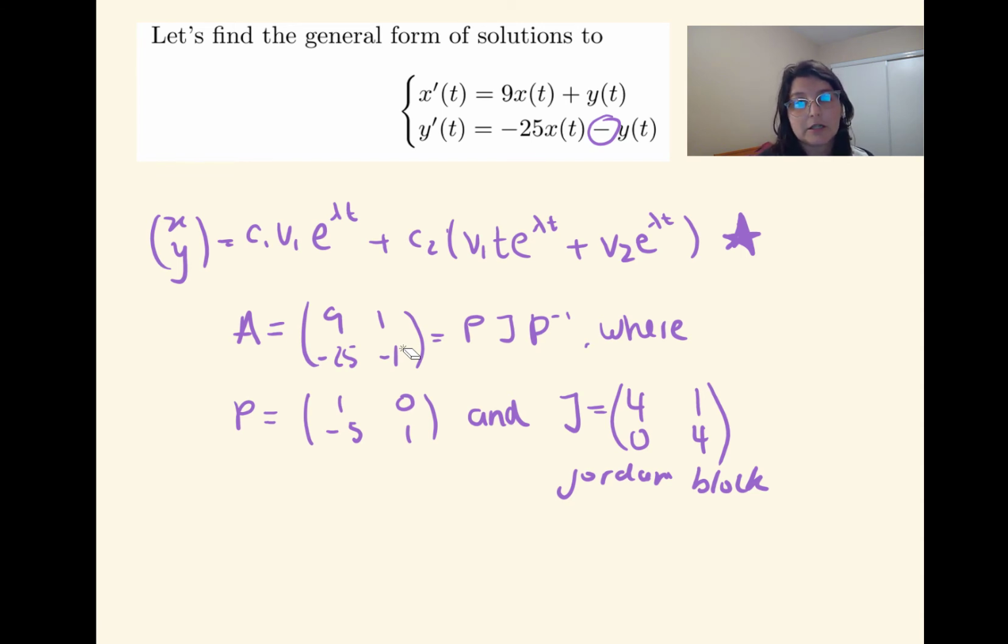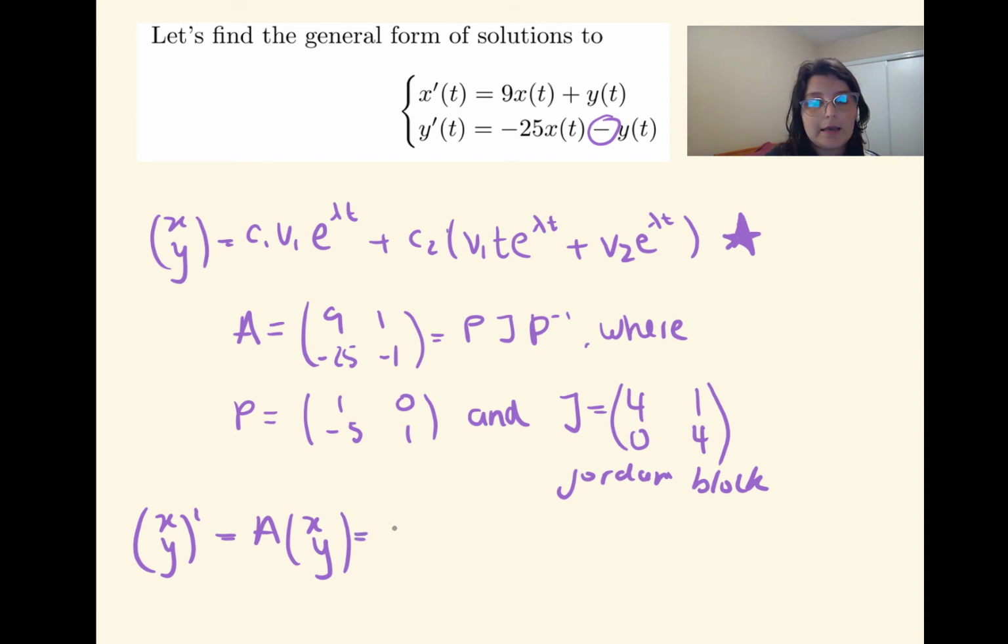And what's good about rewriting A in terms of a product is that the problem we have, (x, y) prime, is reduced to a problem that can be solved by using ODEs, nothing strange. So how is that? Let's see, we rewrite A as P J P inverse.